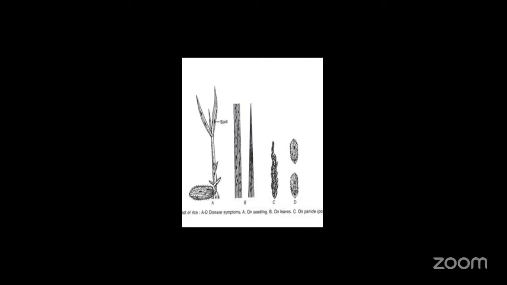The pathogen usually attacks the rice plant at the stage of developing seedlings, and roots also. There may be complete failure of seed germination, or the seedlings may succumb to the disease before they emerge out of the soil.